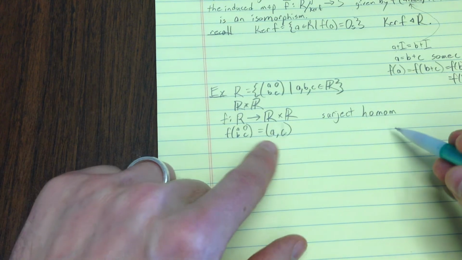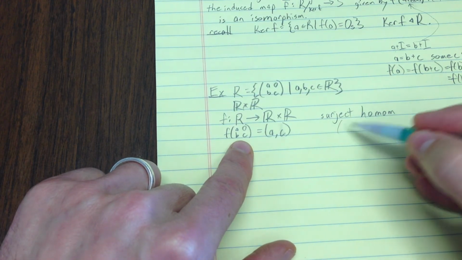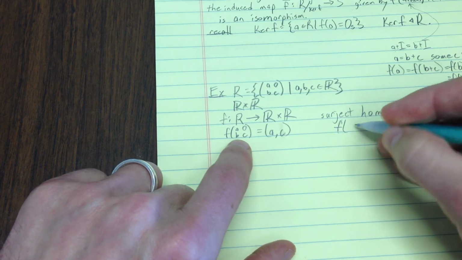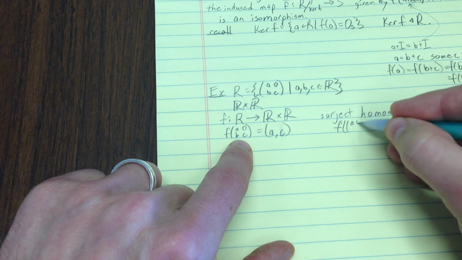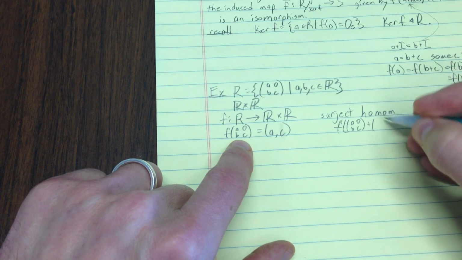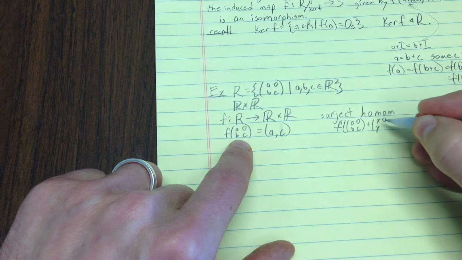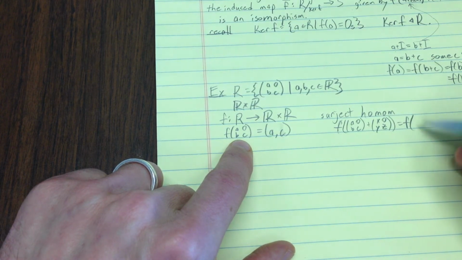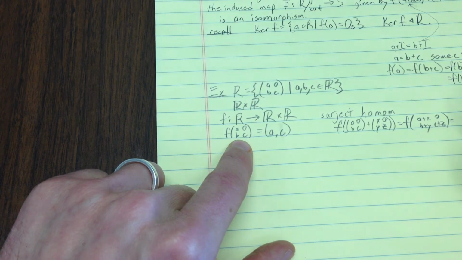That might be a little harder to see, but let's see if we can do a sort of proof sketch here. F of [A, 0; B, C] plus [X, 0; Y, Z], if those are two elements in the domain, would equal F of [A plus X, 0; B plus Y, C plus Z]. Well, where's that going to map to?